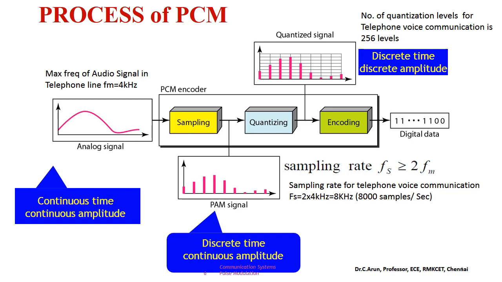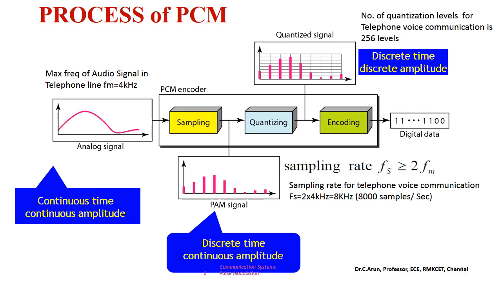Each quantization level represents its own voltage. So 0 volt to the maximum, suppose I specify 5 volt. That 5 volt will be divided equally and specified as quantization levels. That quantization level is used to round up the corresponding sampled value. After the roundup process, each sample or quantization level has an equivalent binary.